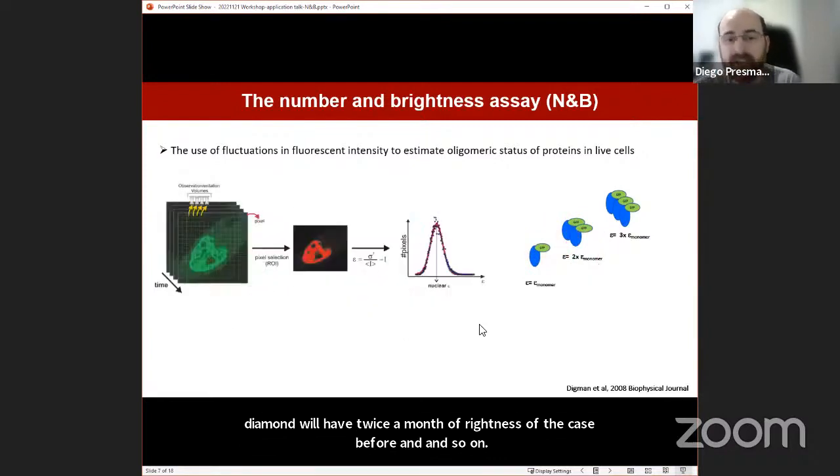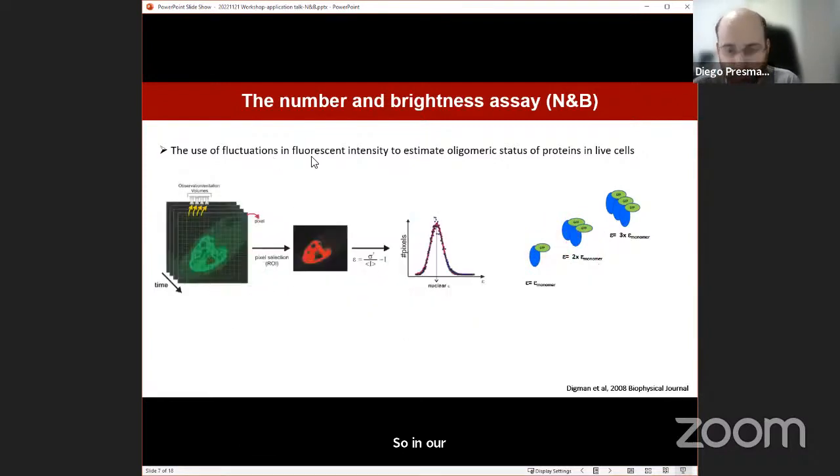So in our case, we took a series of images, and we concentrated on a region that we are interested in, which is what happens inside the nucleus of the cell. So we keep only the pixels that correspond to the nucleus. For each pixel, we have intensity levels, we can calculate the variance, and therefore we can estimate the brightness.